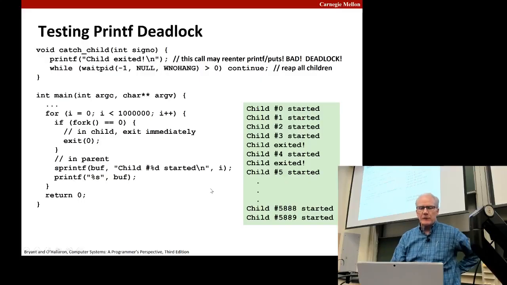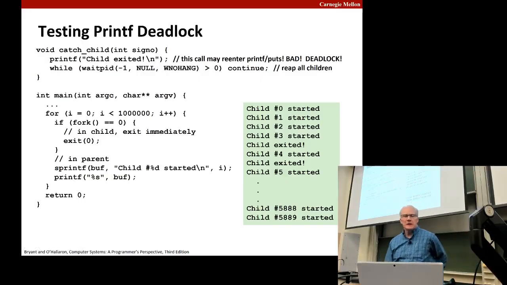But just to be perverse, we purposely wrote some code that would slam as hard as it could on this particular feature and see what happens. You'll see here's a classic case where we're forking. We're running through a loop a million times, and each time we're forking a child and the child exits immediately.